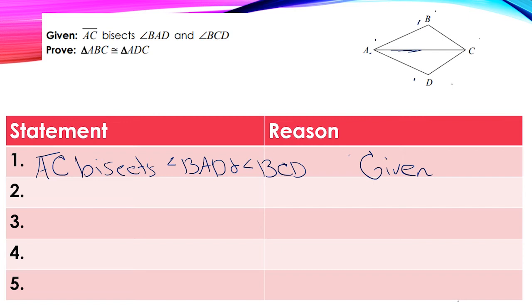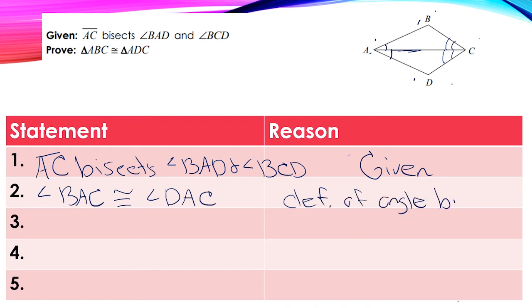And so that tells us that these angles are congruent here as well as these, because AC bisects them, so it cuts both of those angles in half equally. So we could say that angle BAC is congruent to angle DAC, and that is definition of angle bisector.